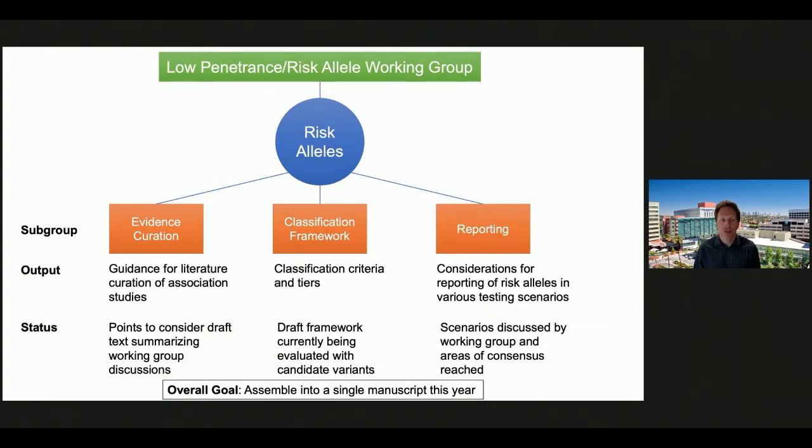So we have this draft text that we'll ultimately share that summarizes those points, and hopefully brings the community to a good, strong foundation of knowledge. For those of you that are experts, maybe there might not be anything new in there, but we hope to at least give folks a starting point to how to look at this type of evidence.